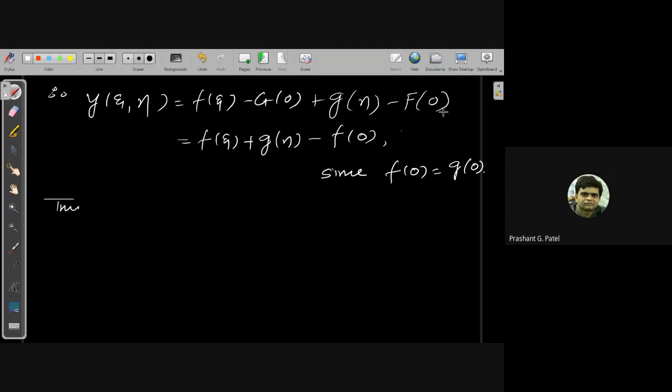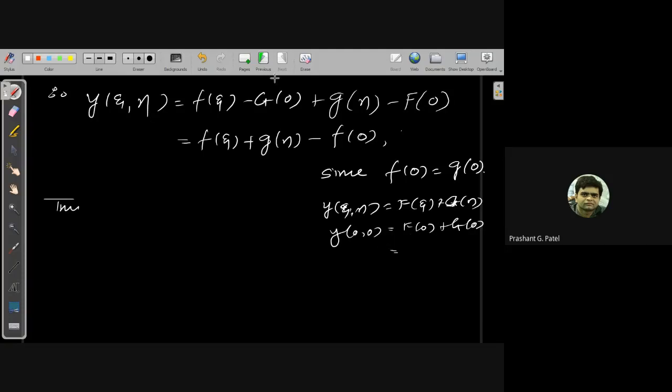See why this has come: because you know that y of xi eta is capital F of xi plus g of eta. If I substitute 0, 0, that means xi 0, eta 0, that is F of 0 plus g of 0, and this is actually y of 0, 0.